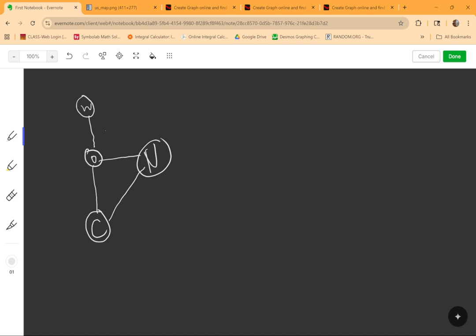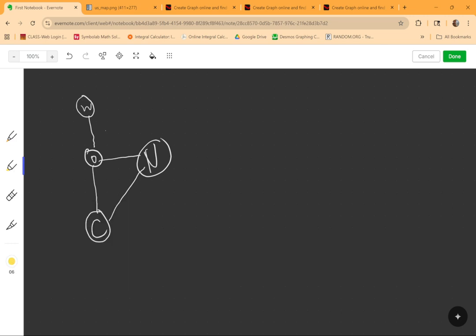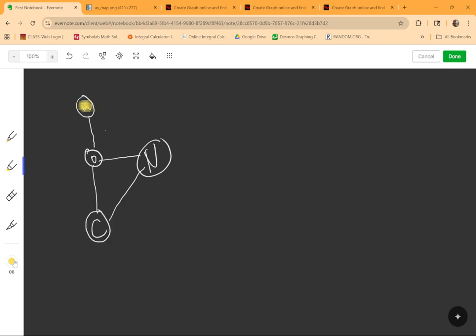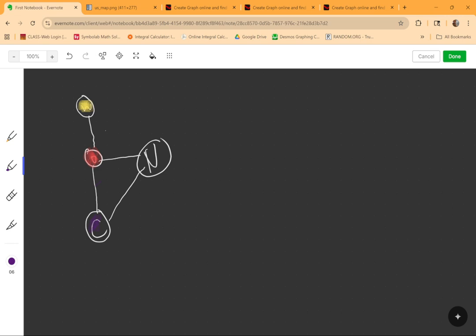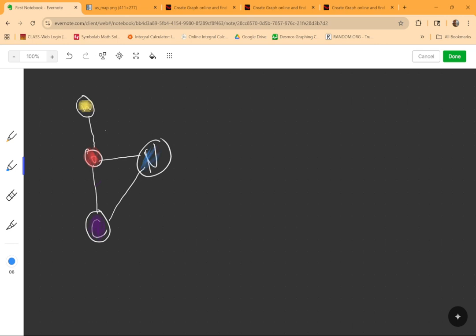So let's use a color here, here, and here. So this is a coloring.